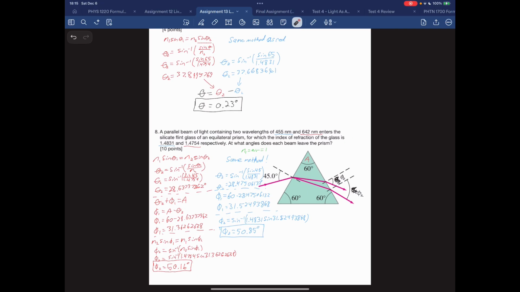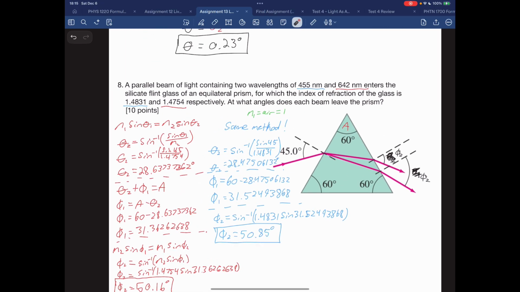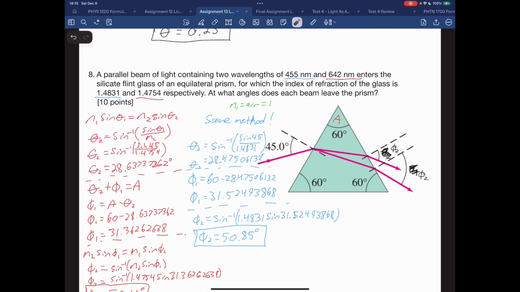Okay, so, oh wait, that was the angle of incidence I was looking at. That's why I was a little confused. The angle of refraction of the red is 28.6 versus 28.5, so yes, the red should be on top. So, going back, this is not phi 2 black. This is phi 2 blue. This is phi 2 red.